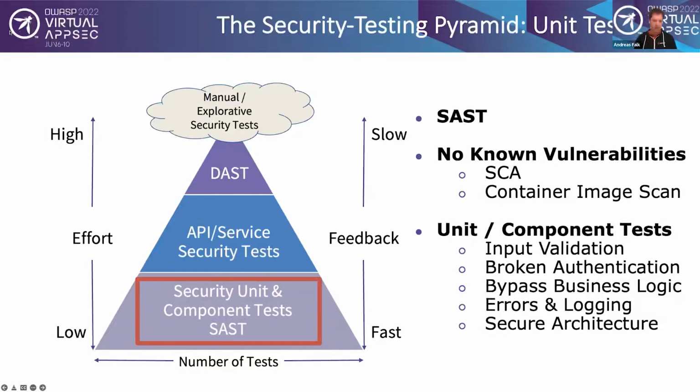Then also write tests that check errors and logging messages. So if these messages are not returning sensitive data in the log messages, or the errors do not return complete stack traces, for example, you can also easily test that in your unit tests already. And also an important thing is to test for secure architecture. I will also show that a bit later.